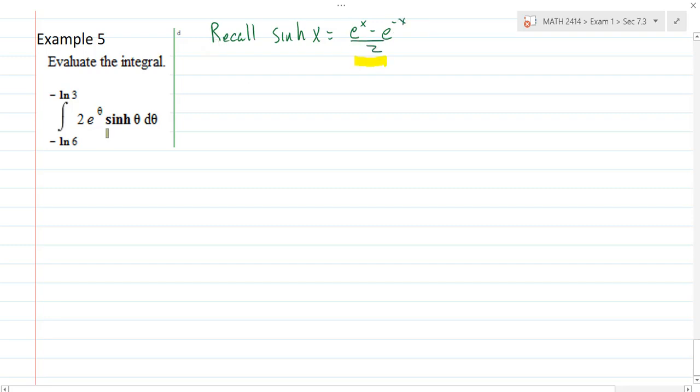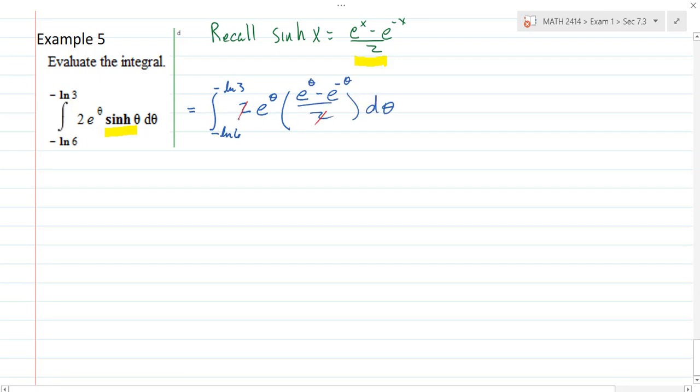This is what I want to replace this hyperbolic trig function with. And that will allow me to rewrite this problem as the integral from negative ln 6 to negative ln 3 of 2e to the theta times e to the theta minus e to the negative theta over 2 d theta.